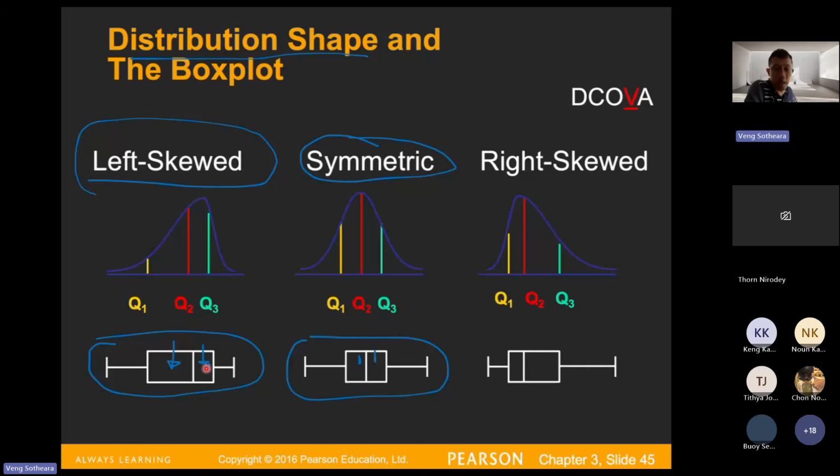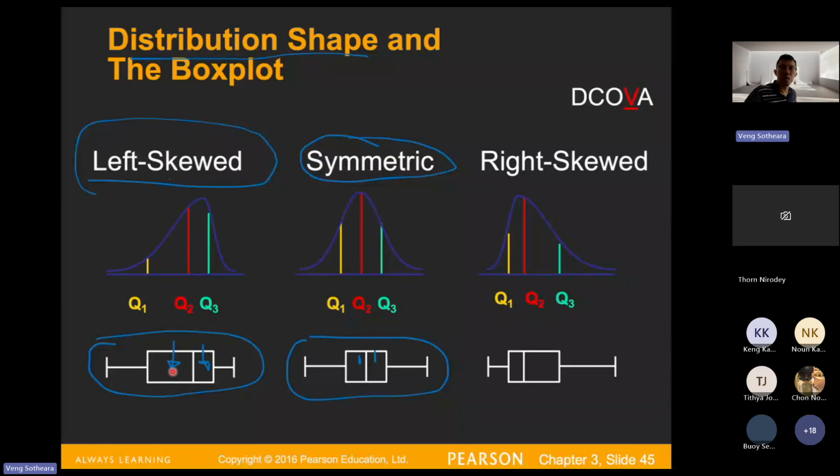Second. Second, okay. If the second is more concentrated, it means the first is less concentrated or has more spread, right? So that's why this is exactly the same as this shape, right? Sometimes you use a histogram to inform about the shape, whether it's symmetric or skew.